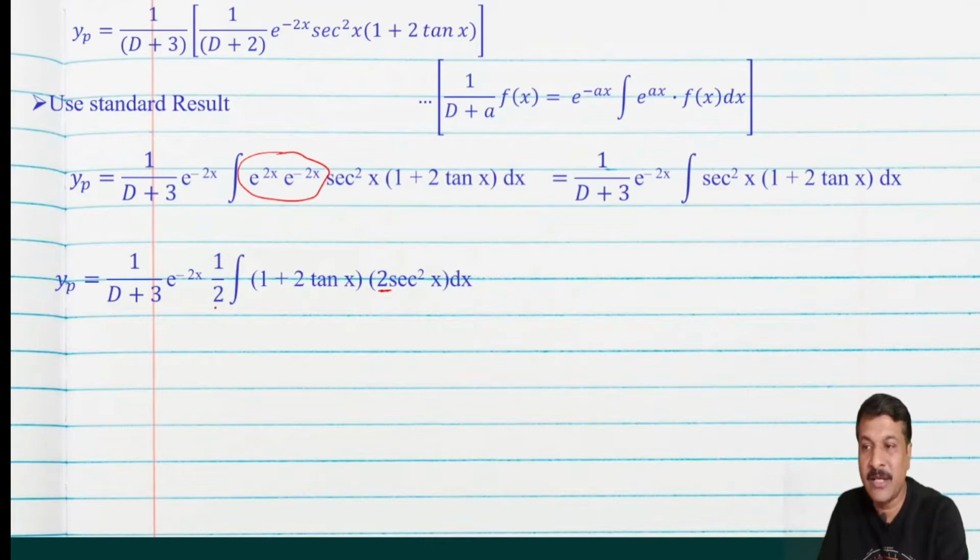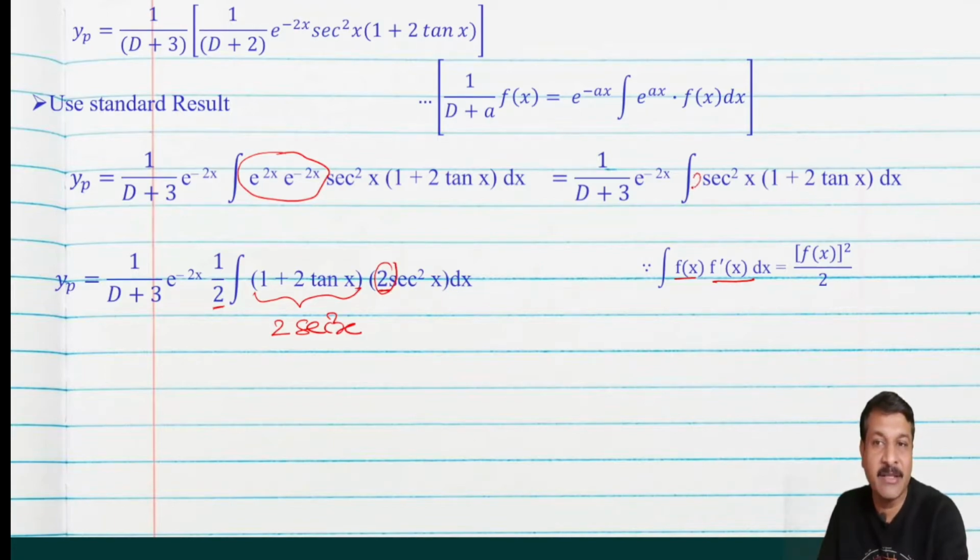Note the 2 here and 1/2. Why? Because I am using this formula: if a function and its derivative are present, then the integral is equal to [f(x)]²/2. So what is the derivative of this one? It is 2 as it is, and the derivative of tan is sec²x. So I need that 2. That 2 is not there, so I am going to adjust: 2 inside and 1/2 outside.